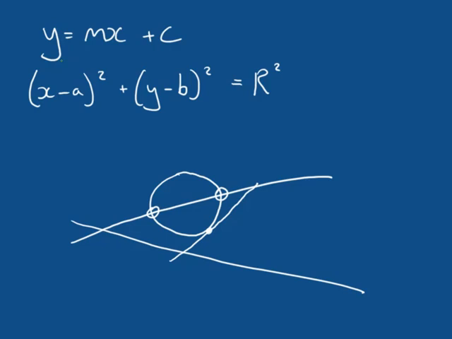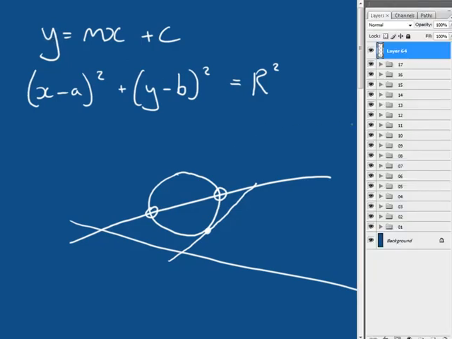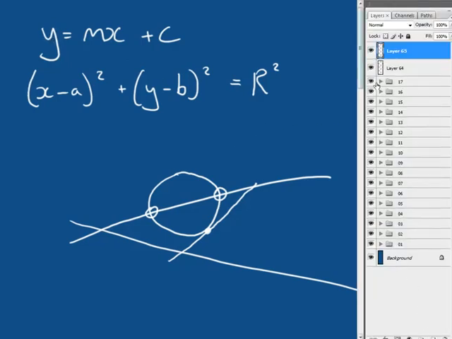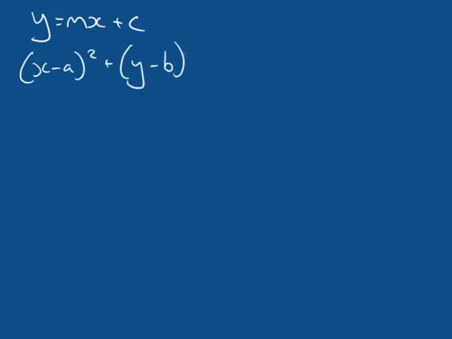And the most obvious approach is to simply take mx plus c and substitute it in for our value of y. So I'm going to bring up a new whiteboard just so that we have as much room, because this is a fairly large substitution and rearranging. So we saw that y is equal to mx plus c, and we saw that (x minus a) squared plus (y minus b) squared is equal to the radius squared.